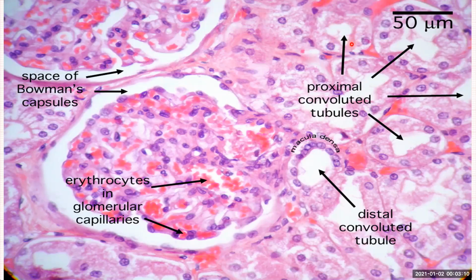You can differentiate them from the cells of the distal convoluted tubule because the cells there are smaller in size, whereas the epithelial cells of the proximal convoluted tubule are cuboidal and bigger. That's how we differentiate them. Again, here you see proximal convoluted tubules, and these are the cells of the distal convoluted tubules.